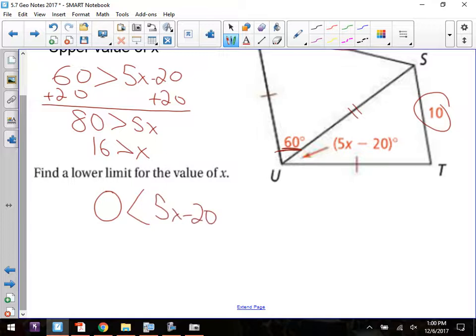See where I'm going with that? The upper limit is the other given angle. It's got to be smaller than the given angle, but it always has to be greater than 0. And this little trick will work every time. This one is a really fast one to worry about. Add 20, divide by 5, and you get 4.